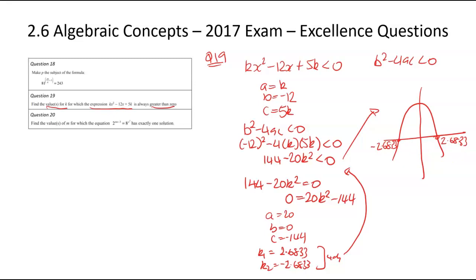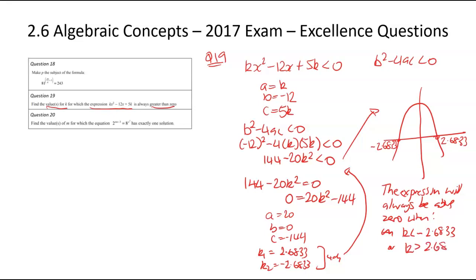So that means the expression will always be above 0 when, and the two criteria, so we know that k has to be less than negative 2.6833, or when k is greater than positive 2.6833. So that wraps up that question.